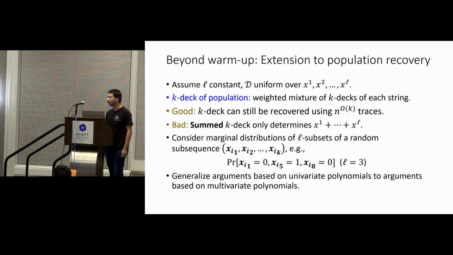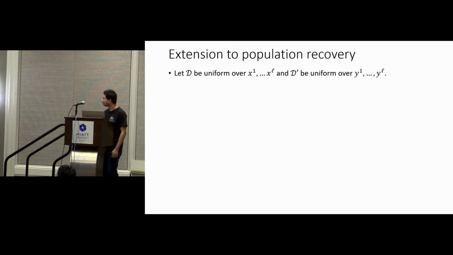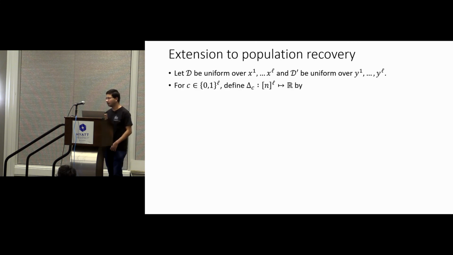And then we'll need to generalize the argument based on univariate polynomials that I described in the last slide to arguments based on multivariate polynomials. So I'll just state what kind of lemmas we need to prove and then conclude. Let D and D prime be two distributions over x1 through xL and y1 through yL respectively.